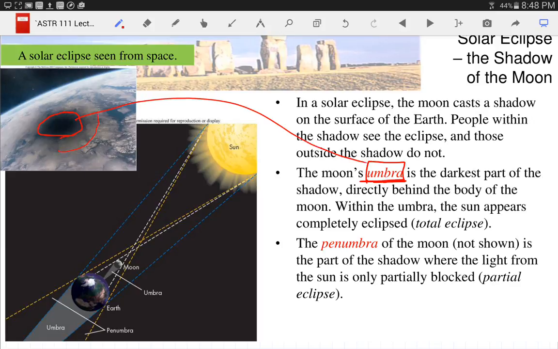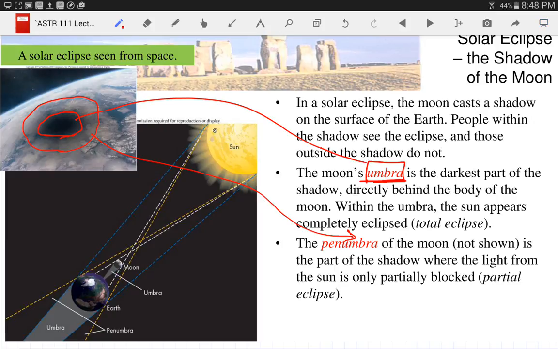Now you can see there's a region out here that's partial shadow. Penumbra means the part right next to the umbra. Just like that skit, the penultimate supper. Supper before the Last Supper. Penultimate, next to last. Ultimate, last. Penumbra, next to the umbra. So the penumbra is partial shadow.